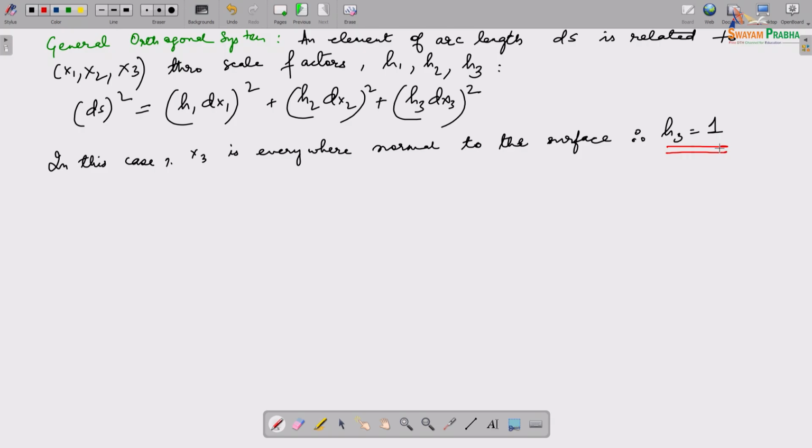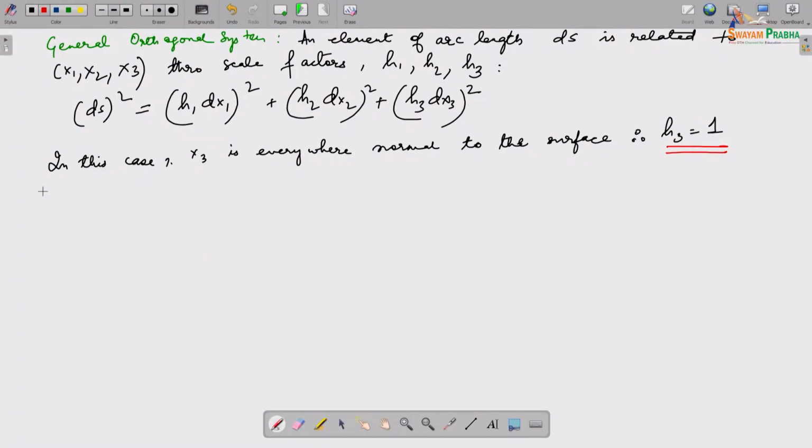Now, I'm going to speak briefly about the scale factors. If the scale factors are not known, you can develop your own surface and put it in this form. However, if H1, H2, and H3 are not known, they can be found by relating them to any Cartesian coordinate system, using the definition actually. Let's see how we do that.